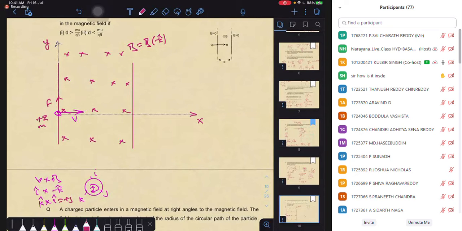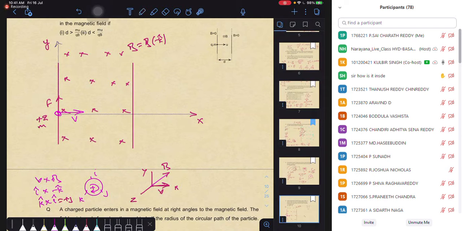Another way is you can think of it as a 3D picture. If I think of it as a 3D picture, this is my x, here is y, and this one is z. So the field is in my negative z direction. The charged particle is moving in my positive x direction.